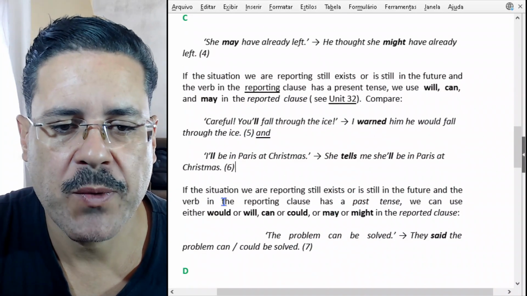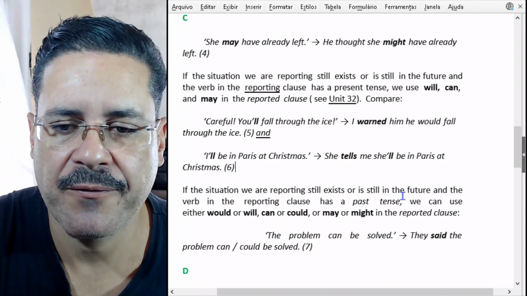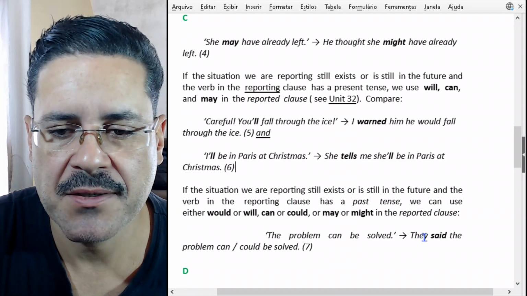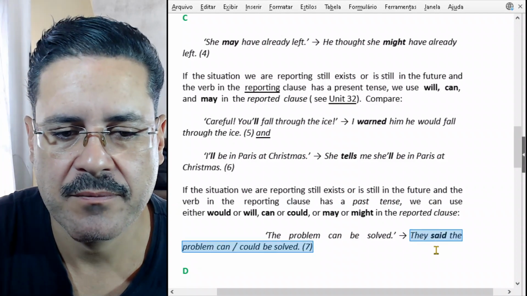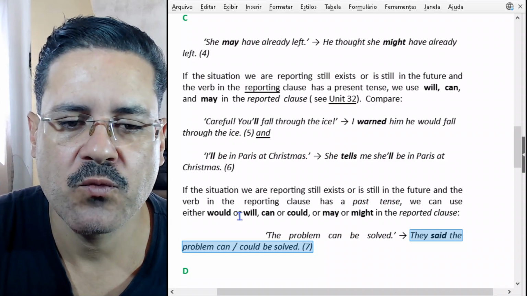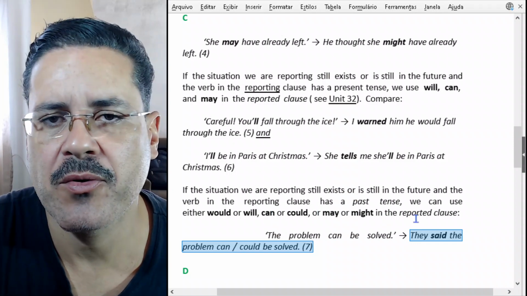If the situation we're reporting still exists or is still in the future, and the verb in the reporting clause has a past tense like here, we can use either would or will, can or could, or may or might in the reported clause.